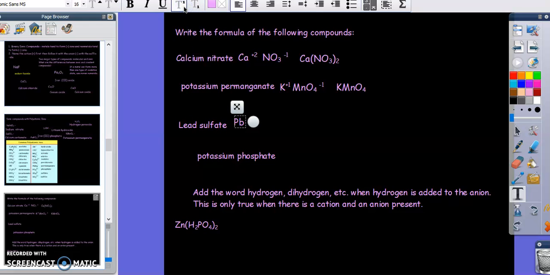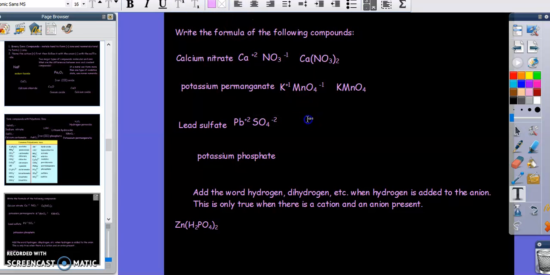Let me tell you how I know. The 2 is not listed here as a Roman numeral, but I see the sulfate ion, and the sulfate ion is SO4 -2. So they canceled out.